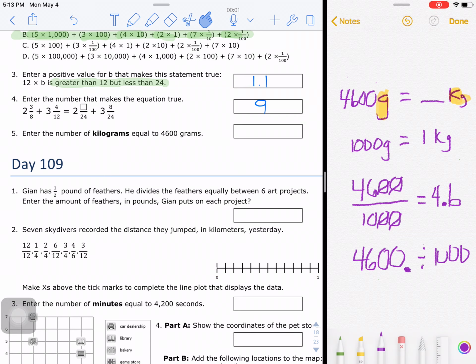All right? And if I'm dividing by, remember how we write 1,000 in exponential form. It's 10 to the third power. And that gives us a little clue: for every power of 10, we shift the digits one place.